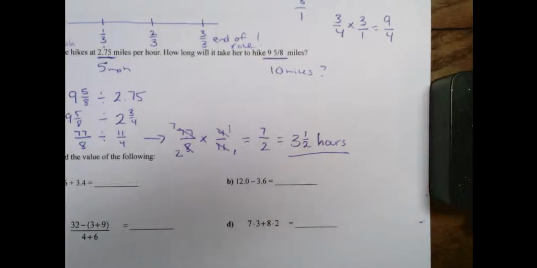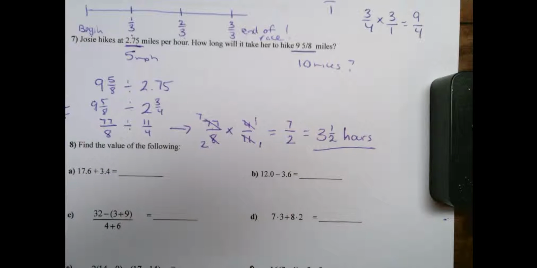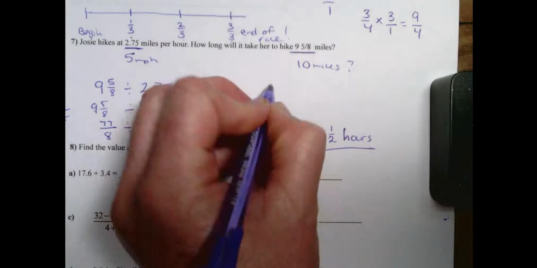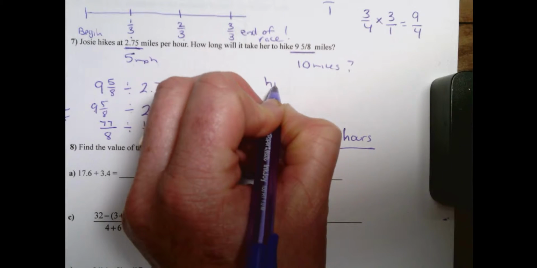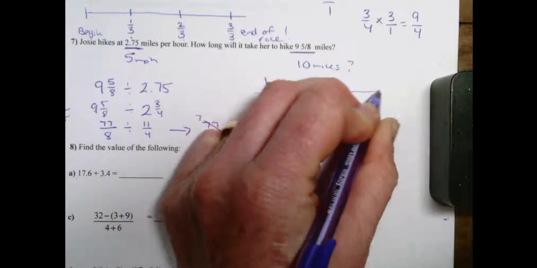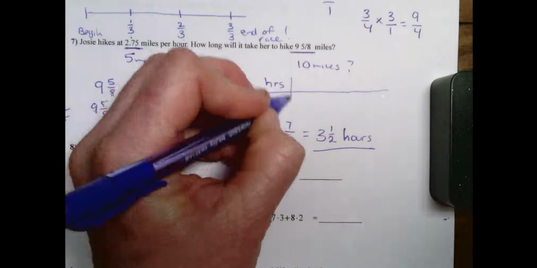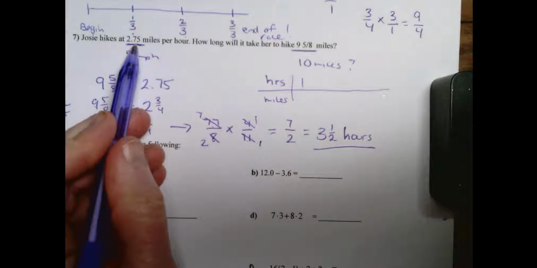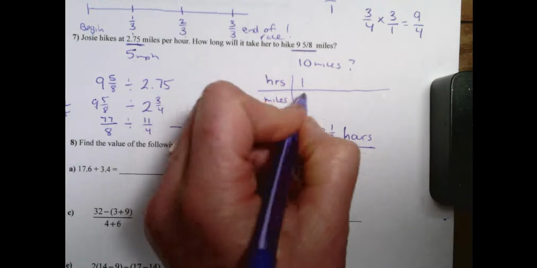Just to show you sort of quickly what that would look like, you'd have hours and miles, right? And you would say, well, after 1 hour, we went 2 3/4 miles.